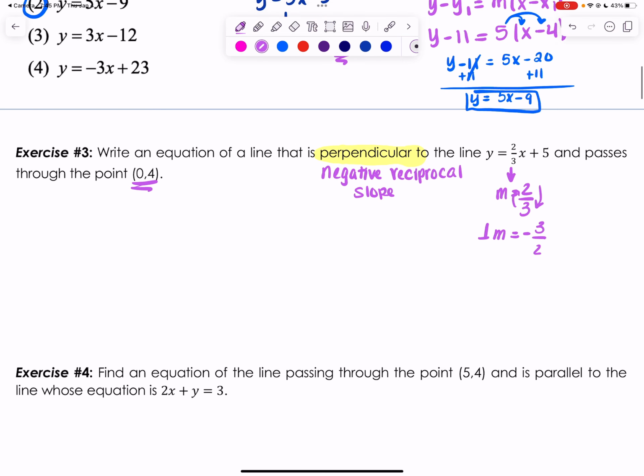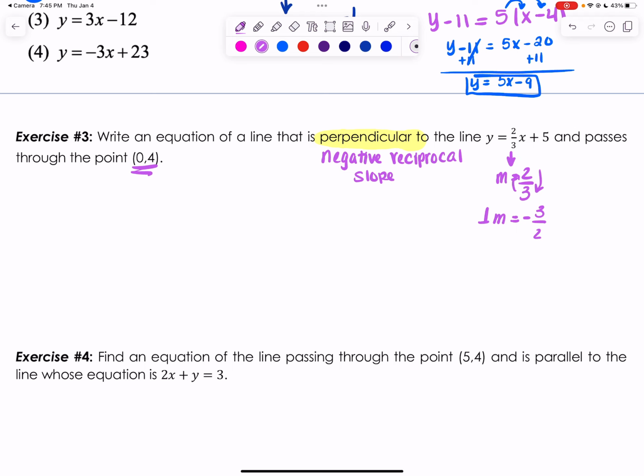So here's what we're going to do. We're going to write down our point slope form, which is y minus y1 equals m times x minus x1. And now we're going to do our substitutions. We're going to do y minus 4 equals -3/2 times x minus 0. And if you want, you can leave your answer just like this. This is 100% correct.